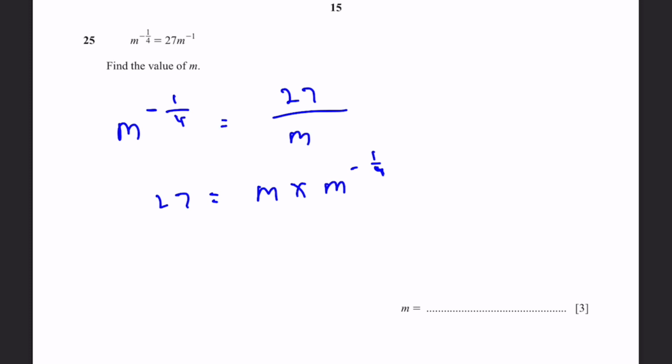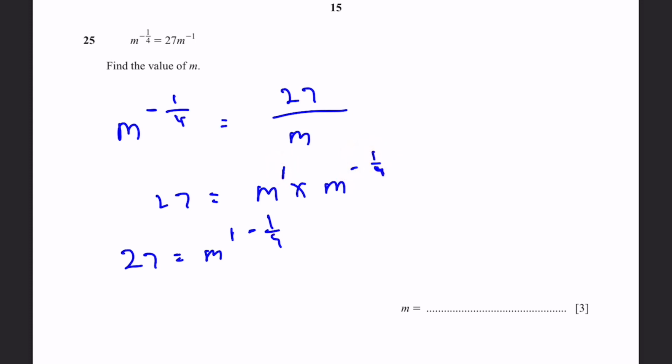When you multiply two numbers or variables which have the same base but different powers, we have to add these powers. This m is m power 1, so we have to add 1 and negative 1 by 4. That means 27 is equal to m to the power of 1 minus 1 by 4, because there's a negative sign, we subtract.